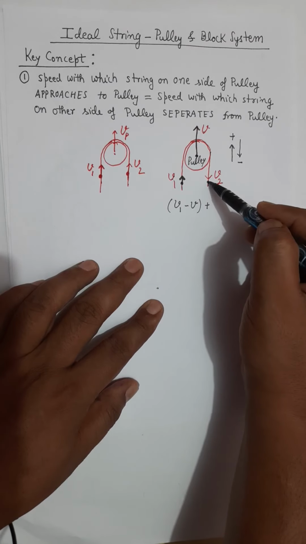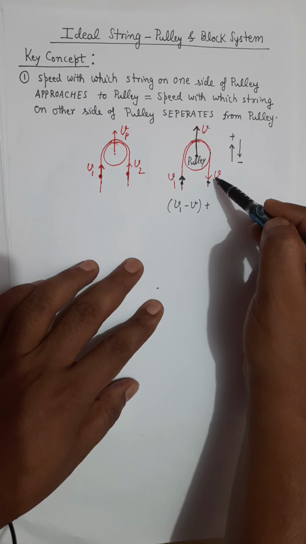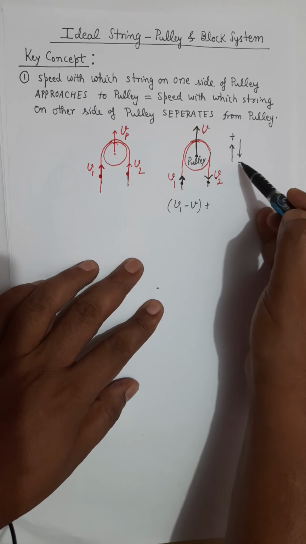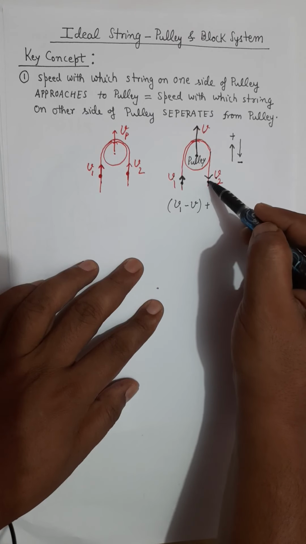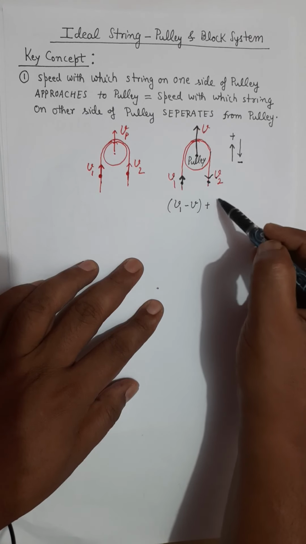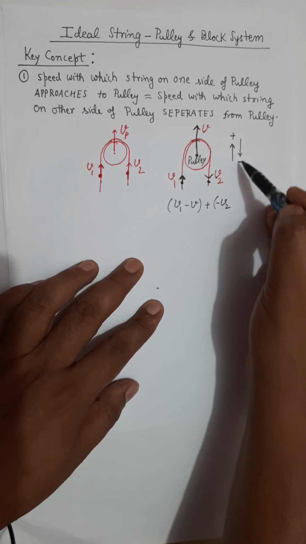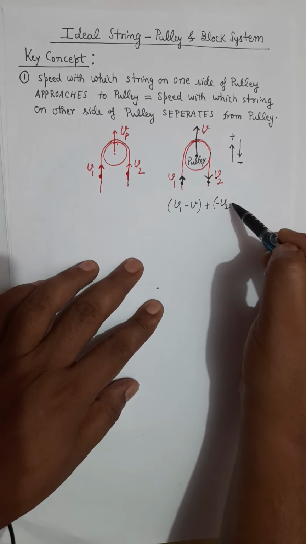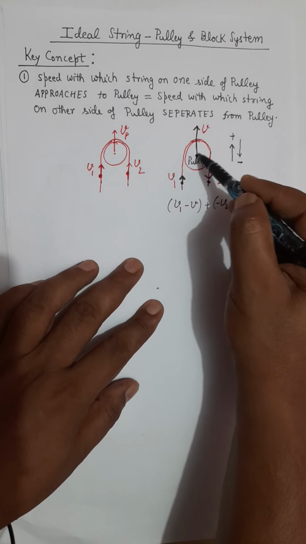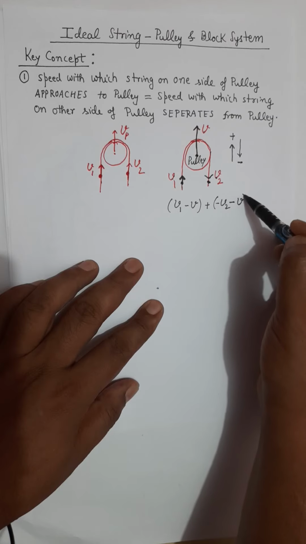The velocity of this point is v2, but it is in the downward direction, which is the negative direction. So the velocity of this rightmost point will be minus v2 according to the sign convention. And if I want it relative to the center of the pulley, I have to subtract the velocity of the pulley. Then only I will get the relative velocity.